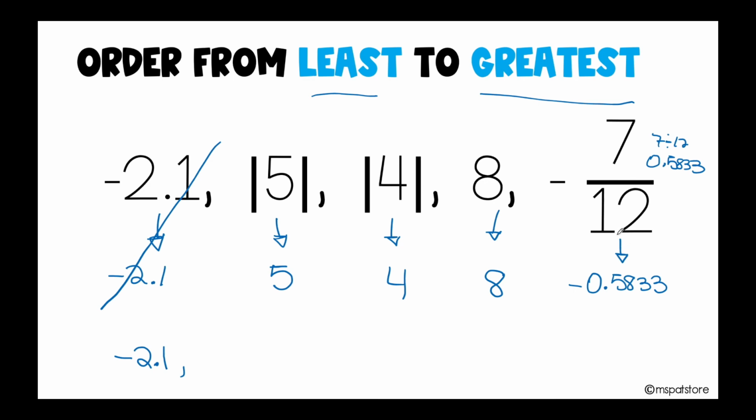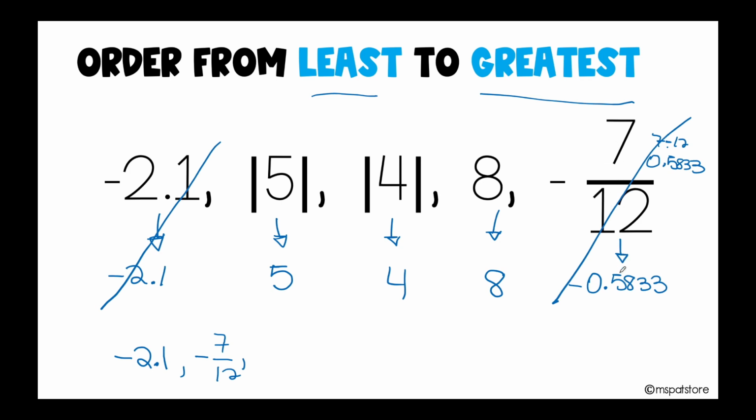In this case, I am going to use the original number, not the conversion that I did here. It will be negative 7/12. I'm going to cross it out so I can remember I already used it.